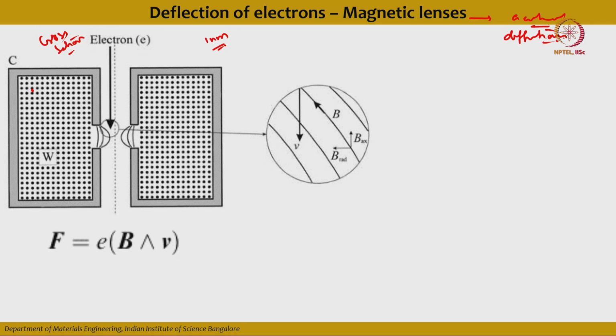of a lens. Okay. So usually the lens is a cylinder which has a small hole at the center.